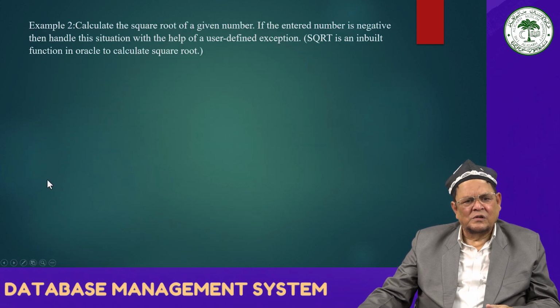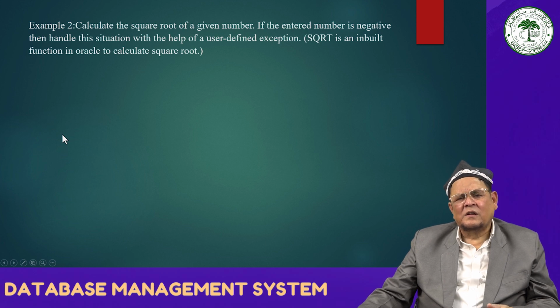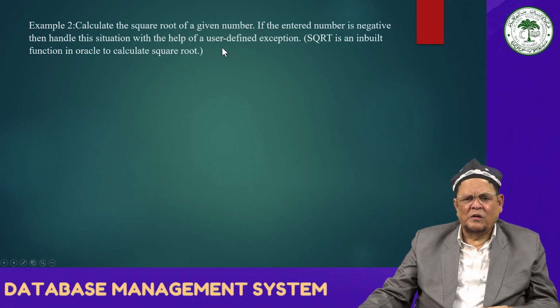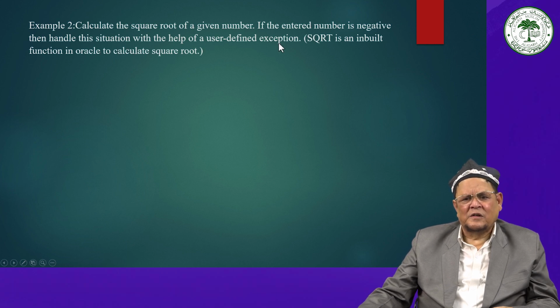I have also taken a second example: calculate the square root of a given number. It is very simple. If the entered number is negative, then handle this situation with the help of user-defined exceptions. SQRT is an inbuilt function to calculate the square root.